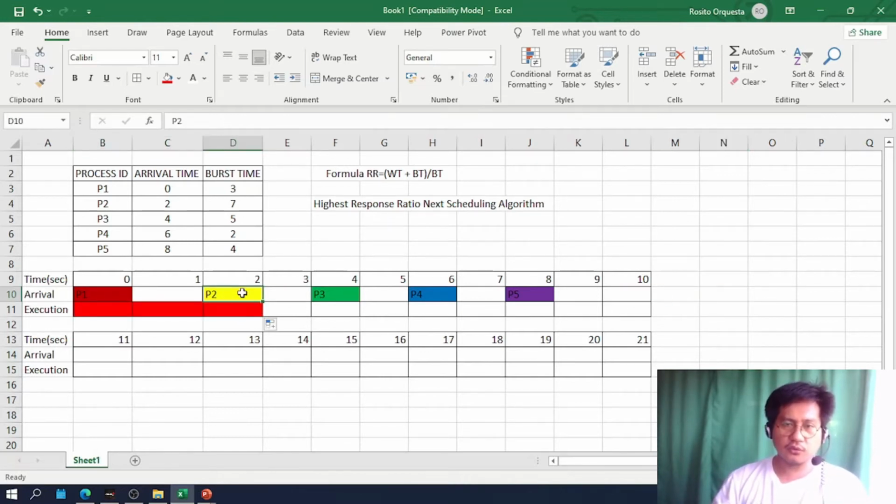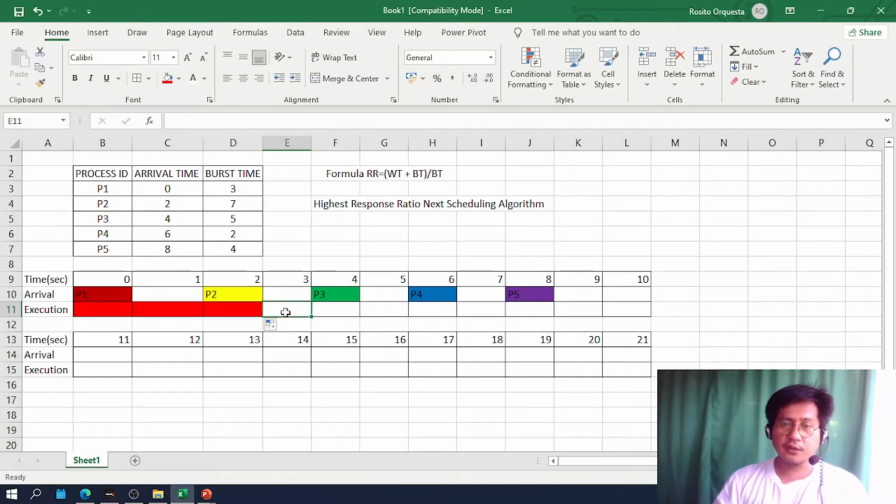Now at around time 2, P2 has arrived. But just like in other scheduling algorithms, unlike the preemptive shortest job first, a new arrival will be put in the queue. It will not stop the current job and compare the burst time or whatever. It will just let the current job finish its execution in the central processing unit.